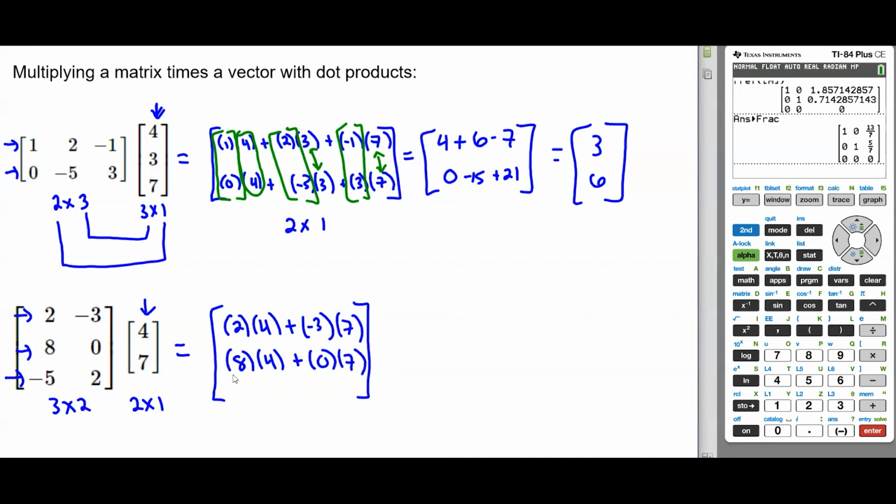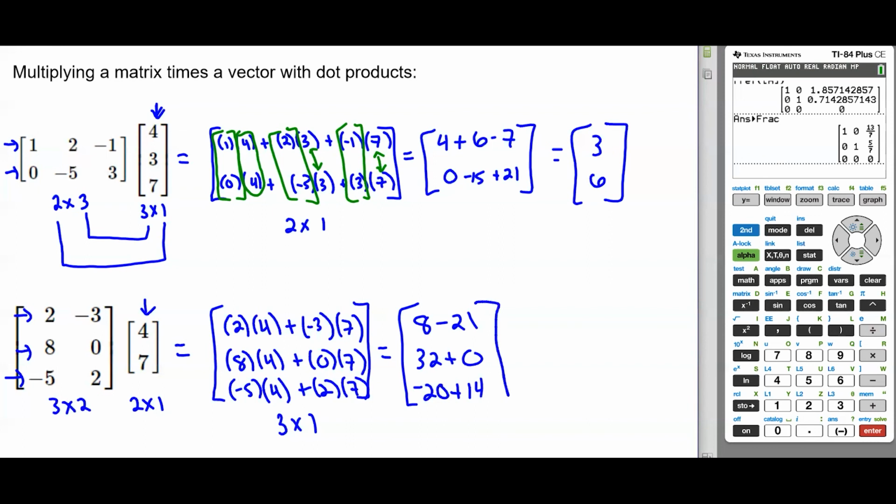And then the third row, -5 times 4 plus 2 times 7. And you can see it's 3 by 1. So we just need to simplify this. We get 8 minus 21, 32 plus 0, -20 plus 14. And that is -13, 32, and -6. So that should be the same thing we got before.